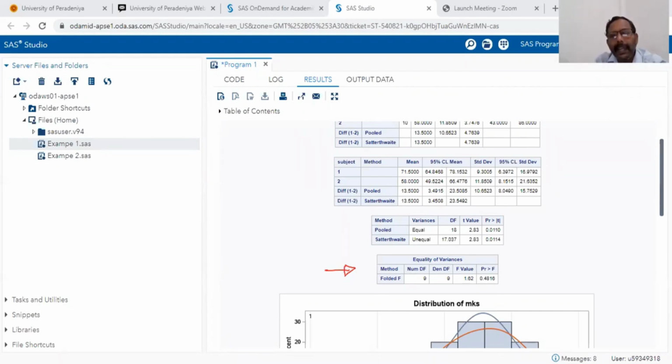Yes, Vaishnavi, what is that? Fourth table. ANOVA. Oh, not really, ANOVA.